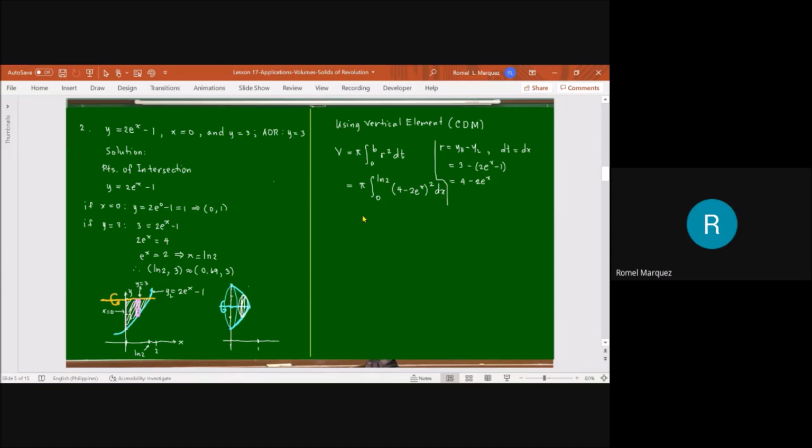So let's have here, this is pi. How do we evaluate the integral of this, guys? We expand, no? 16 minus 16 e to the x plus 4 e to the 2x, quantity dx. And that is equal to pi times the integral: 16x minus 16 integral of e to the u du, so that our u is x.